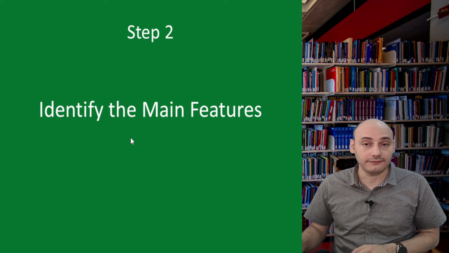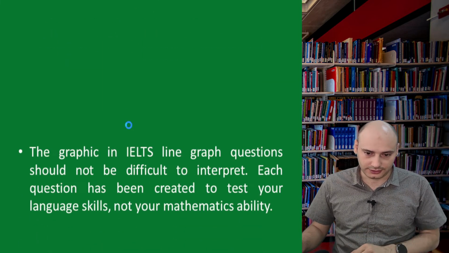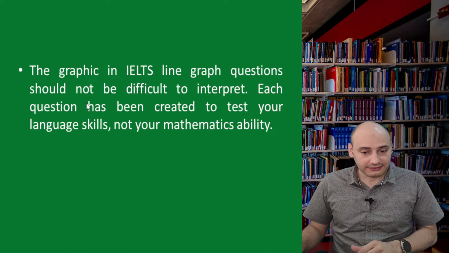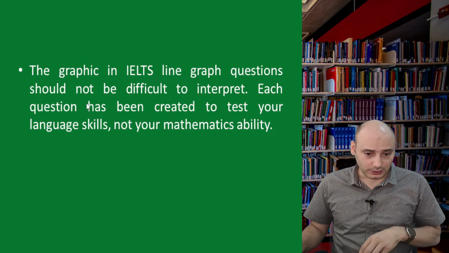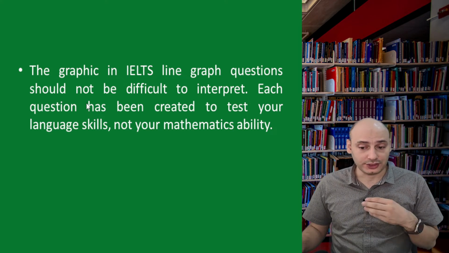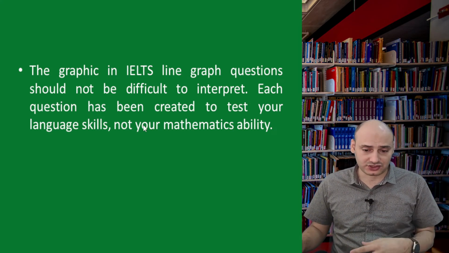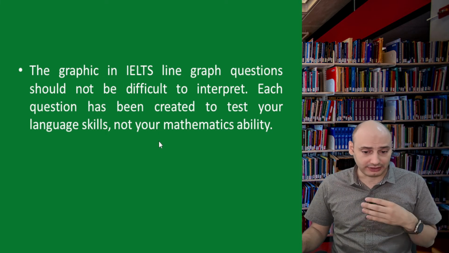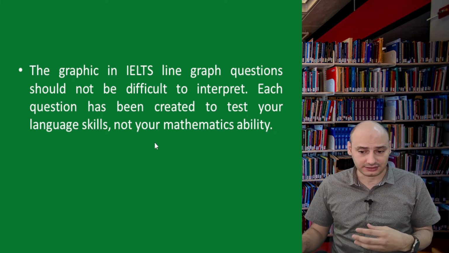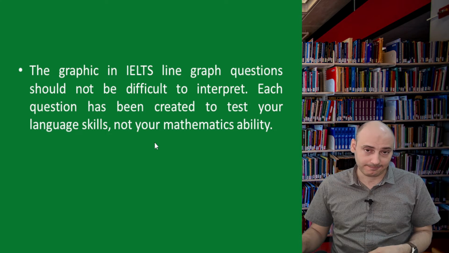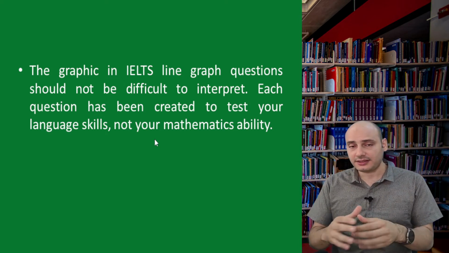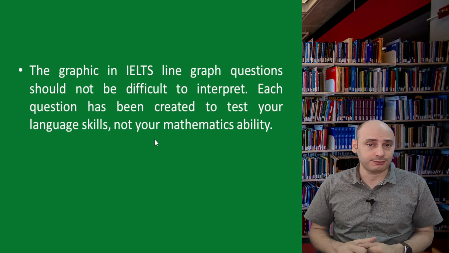Now, step 2, identifying the main features in this question. The graphic in an IELTS line graph question should not be difficult to interpret. Each question has been created to test your language skills, not your mathematics ability. I'm writing these notes because it's based on my experience.